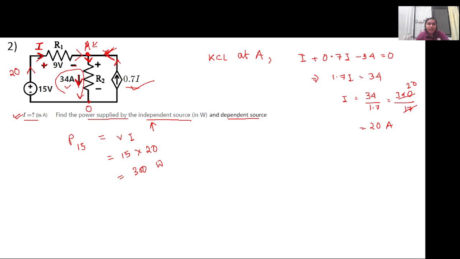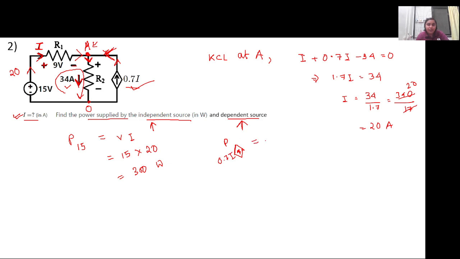And then you are asked to calculate the power of the dependent source also. So how are we going to calculate the power of the dependent source? In this case, the dependent source is the current source, right? Which is the 0.7 I current source. So we have to find the power.